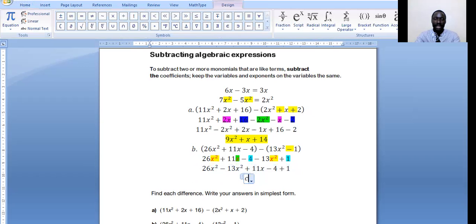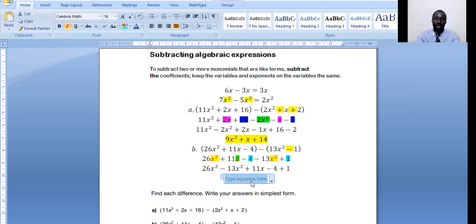We will get 26 minus 13. Now notice that 26 minus 13 simplifies quickly to 13. Then we now put the x squared right next to it.